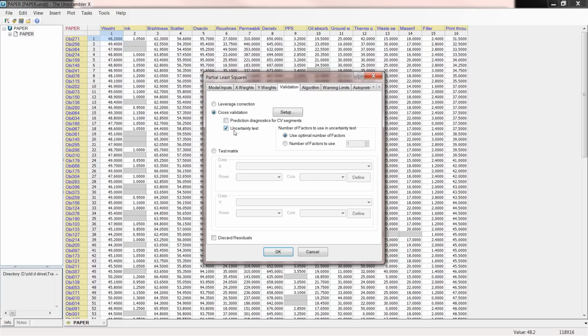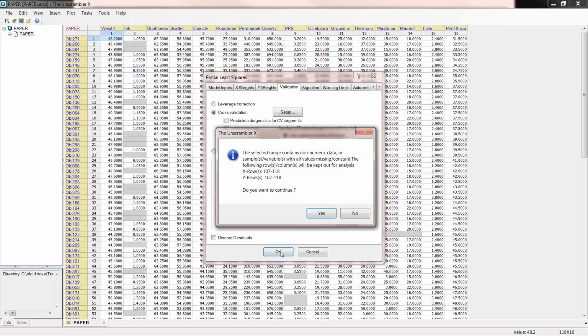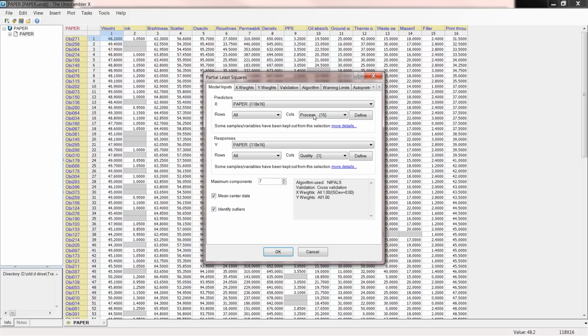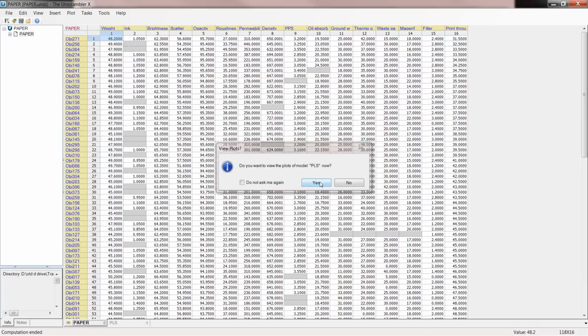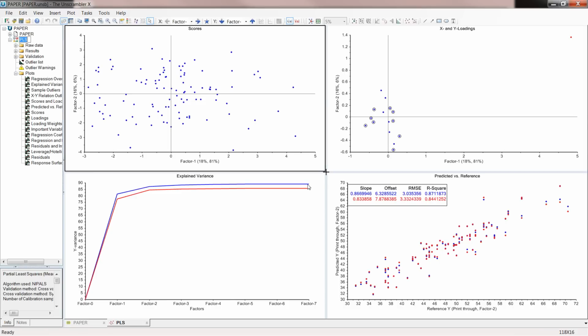Here is where I have this uncertainty test. That's the one that helps me figure this out. Oh, how does it handle missing data? Oh, I forgot to choose the right ones. So I have to get back to you on how it handles missing data.